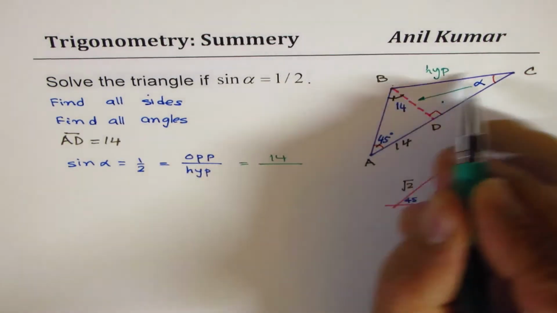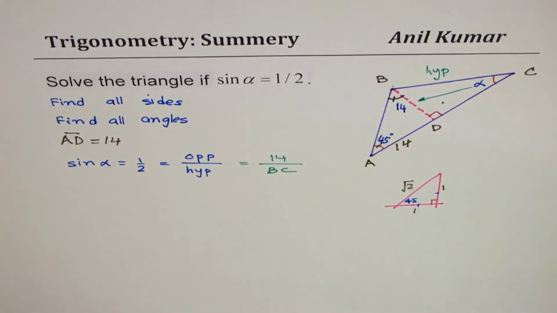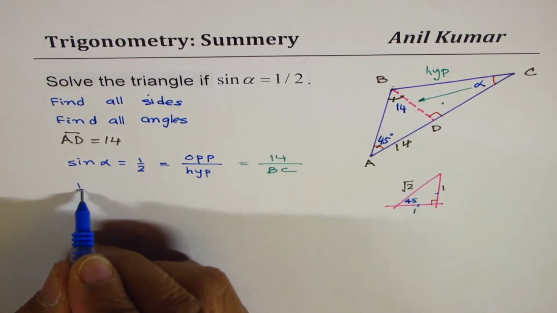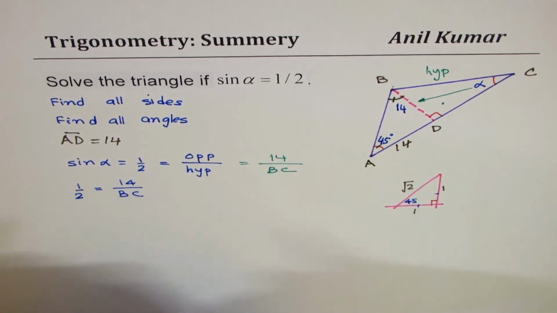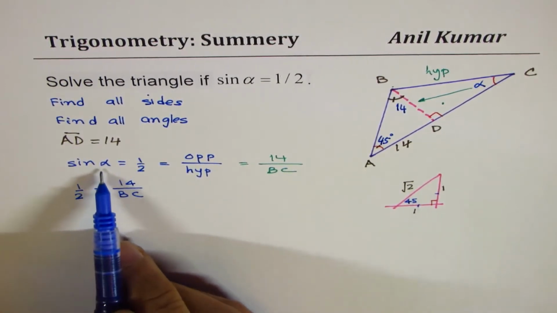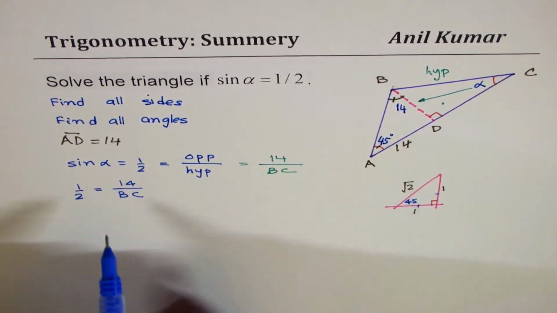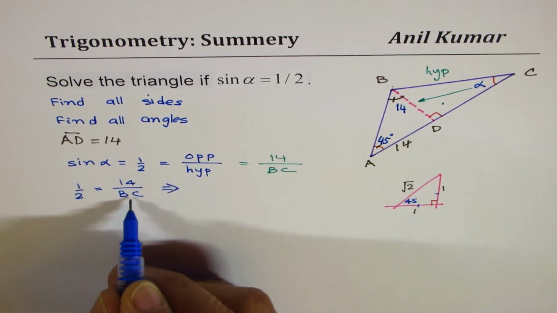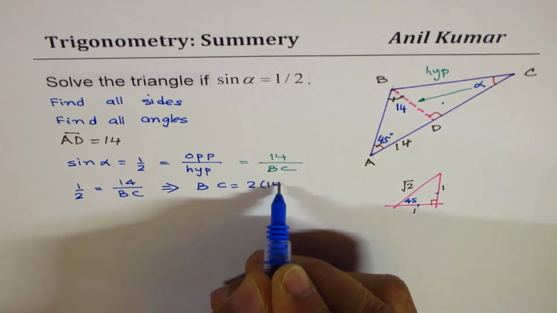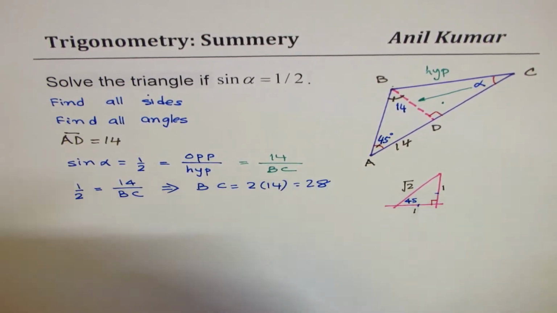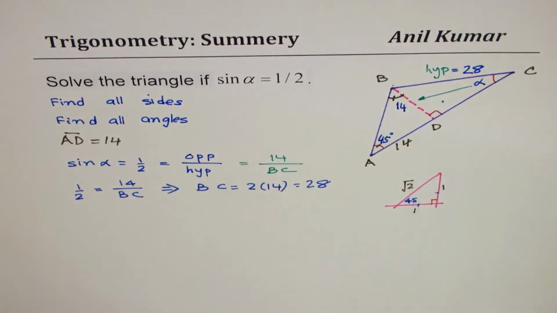So hypotenuse is BC. Now that simply means that we have a ratio which is half equals 14 over BC. All these are called trigonometric ratios, right? They are ratios of the sides. So I hope this point is well taken care of. So from here, if you cross multiply, you get BC equals 2 times 14, which is 28, correct? So we get this hypotenuse as 28.